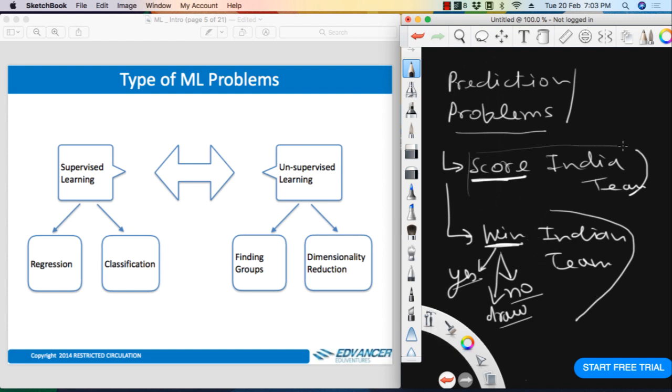These kinds of problems under supervised learning are called regression problems, as you can see on the slide. These kinds of problems are called classification problems. Okay, so more or less at a very broad level, we understand what these supervised learning problems are. We'll take up some examples as well.